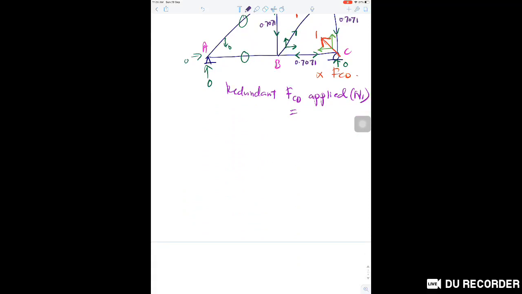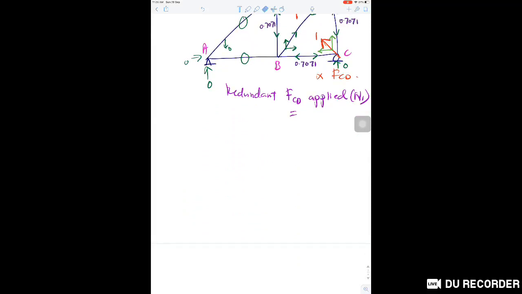So what we need to do now, okay, after we determine all the member forces in both systems, the member force in primary system and the member force in the redundant system, we have N0 and N1. We have to put all the value in the table.